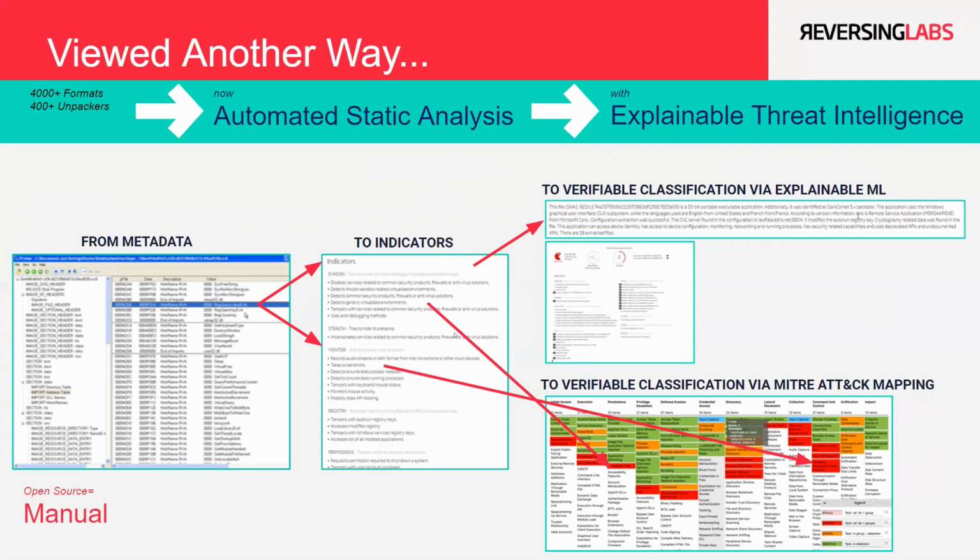Now we take those indicators and we run them through our explainable machine learning classification engines, and the output from that will say this particular hash, or set of indicators, is indicative of a DarkComet backdoor, as an example, and we'll provide some additional context and descriptive information in response to that.